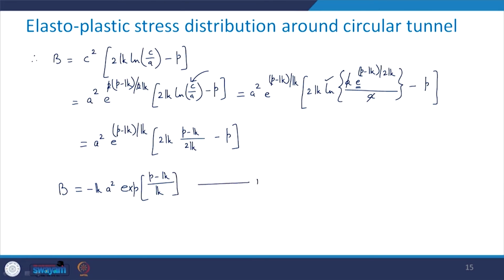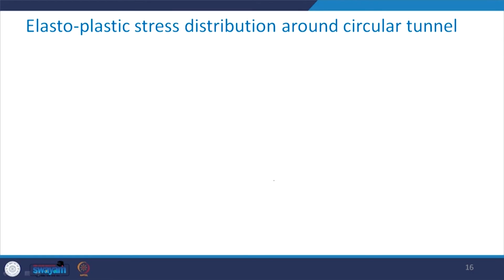This equation I will write as equation number 10. And I already have the expression for C as A exponential of P minus kappa upon 2 kappa, that is equation number 11.